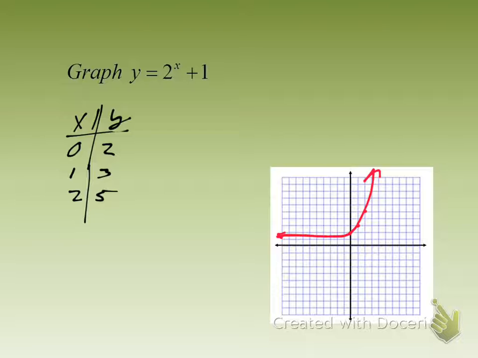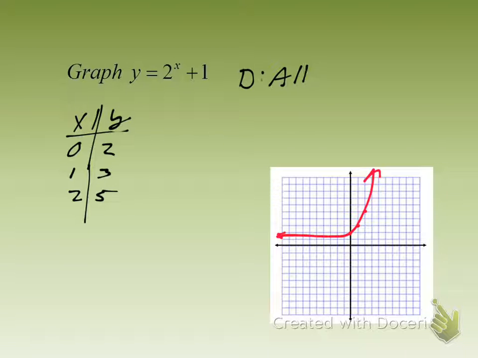It'll switch from function to function, so you have to pay attention to where it's at. That's because of this plus 1 right here. It shifts the graph up 1, so it shifts everything about it, the graph itself and the asymptote too.